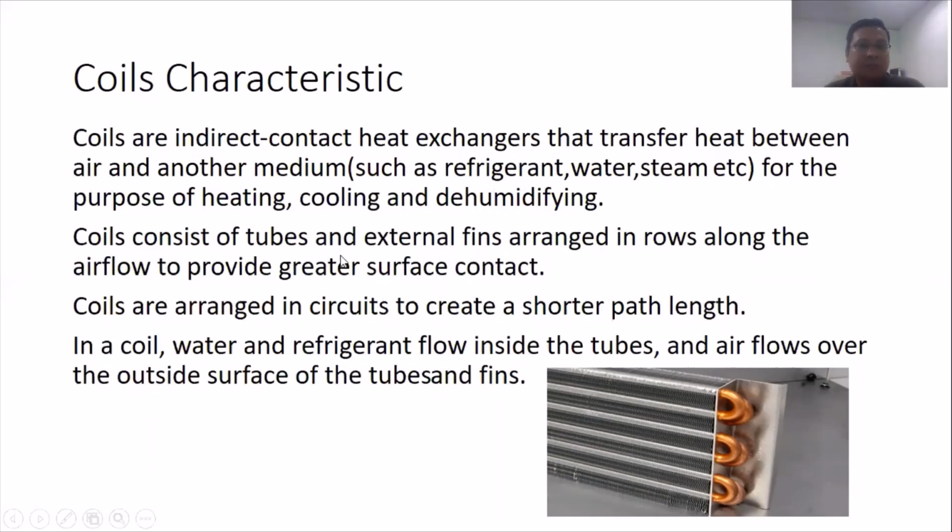A coil consists of tubes and external fins arranged in rows along the airflow to provide a greater contact surface. Coils are arranged in circuits to create a short path length, and the water and refrigerant flow inside the tubes while airflow passes over the outside surface of the tubes and fins.